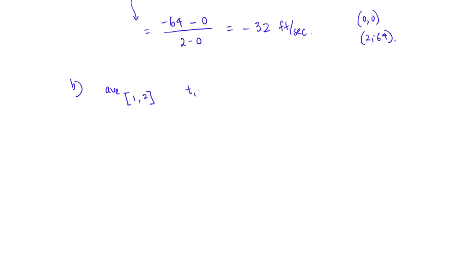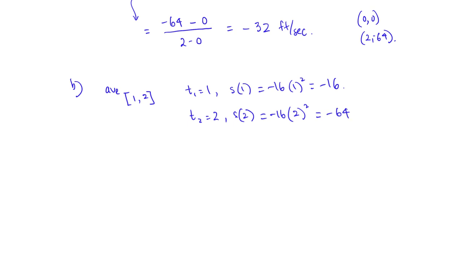And so when time equals 1, the position is minus 16, which is 16 feet below the ground. And when time is equal to 2, s sub 2 is still negative 16 times 2 squared, which is negative 16 times 4, minus 64.